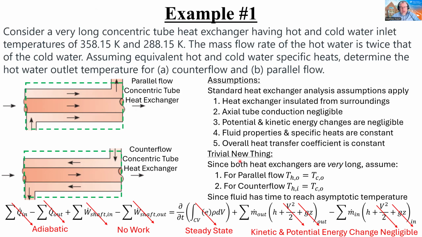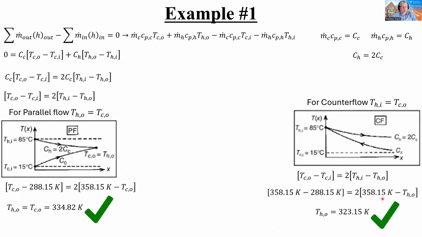So this term goes away, and then potential and kinetic energy changes are negligible. So that allows me to get the kinetic energy term and the potential energy term out of the inlet and the outlet. Those all go away. And voila, this is what we have as a result of the first law of thermodynamics. The sum of mass flux out times the enthalpies out minus the sum of mass fluxes in times the enthalpies in equals 0.